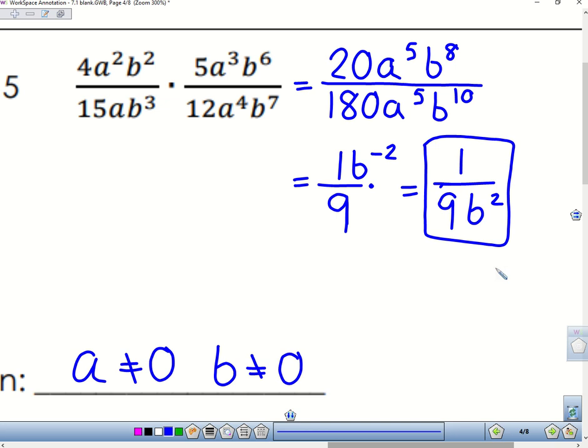So does anybody have any questions on example 5? So, if a cancels out, or if a equals 1, why wouldn't you just put the variable for this a? What? If a equals 1, why didn't you just put a? A doesn't equal 1. A to the 5th divided by a to the 5th is 1.